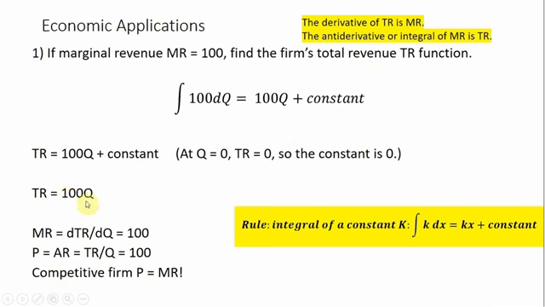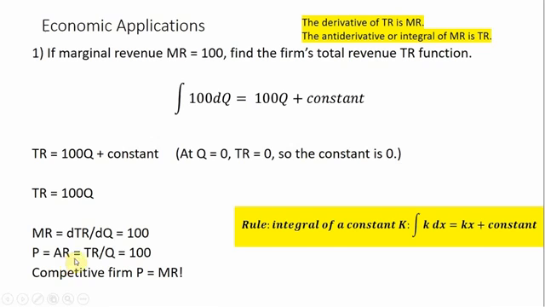We can check our answer. If we take the derivative of total revenue, we will get back marginal revenue. So the derivative of 100q is just 100. And one other final thing, if you wanted to get back the price or inverse demand equation, you could take your total revenue equation and divide it by q. That's price or average revenue.